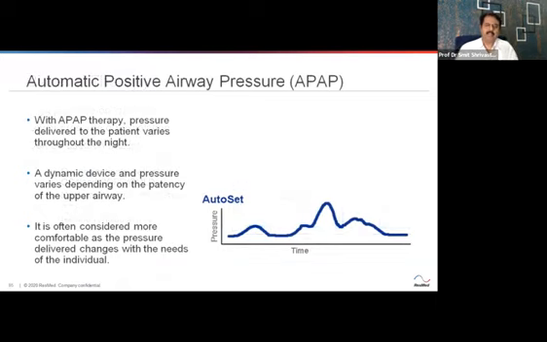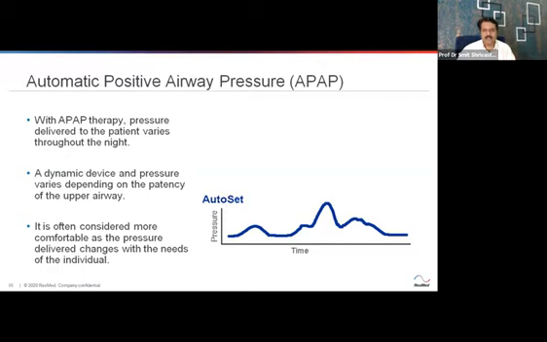Then we can have automatic positive airway pressure, APAP, which again uses algorithms to deliver different pressures throughout the night. In the initial hours of sleep, the pressure requirement is less.